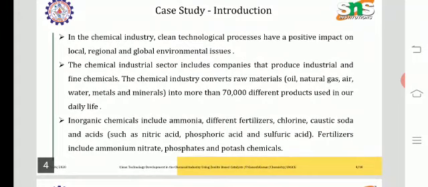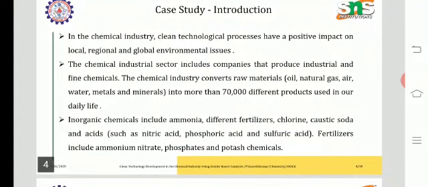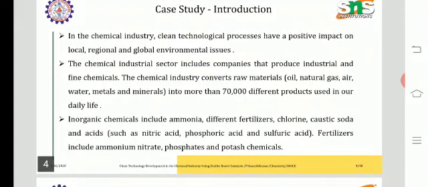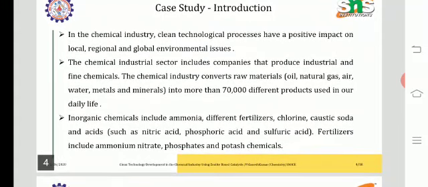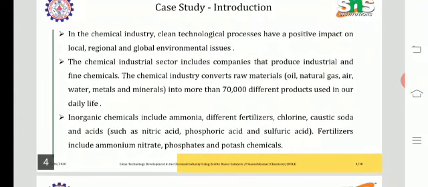The inorganic chemicals which we use include ammonia, different fertilizers for agriculture fields, chlorine, caustic soda for day-to-day cleaning, and acids, nitric, phosphoric, and sulfuric acid, which are regularly used in industries. So, without these acids, no industrial production will occur.